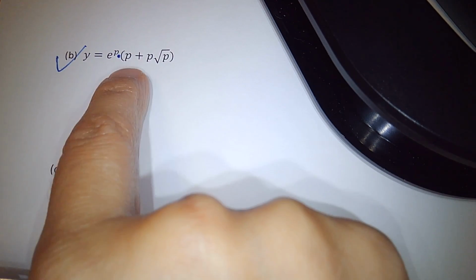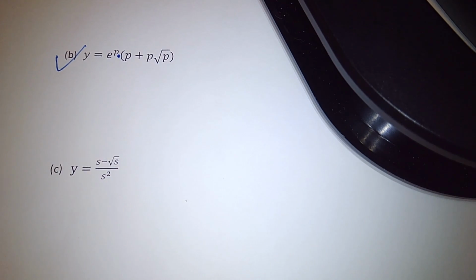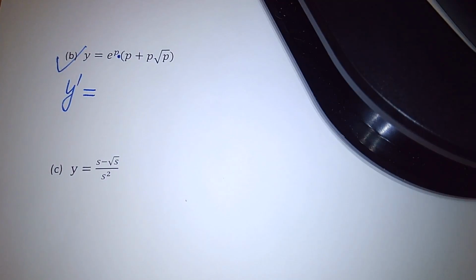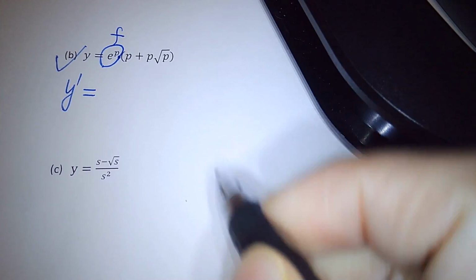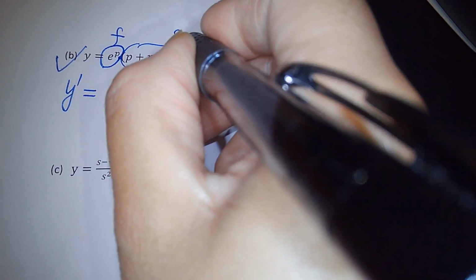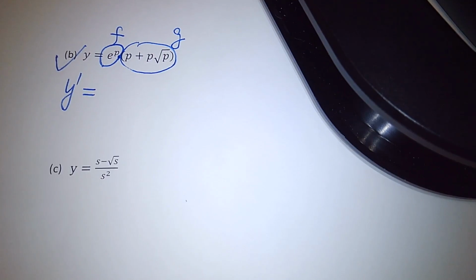Y is a function of p. So how do we compute y prime? Is this a product, yes or no? Yes. So we can consider this function as f. How about this function? g, right?